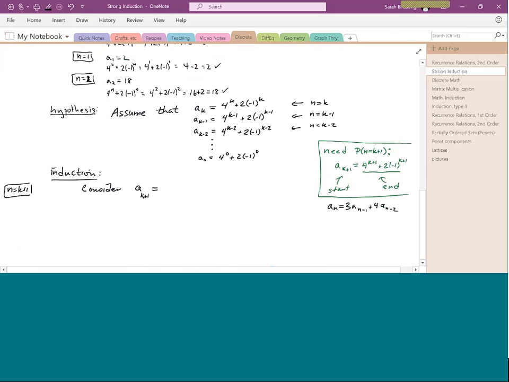Yeah, all right. So when n equals k plus 1, you guys tell me, what should I write after the 3? In other words, what's the subscript on this term after the 3? What do you guys think? If n equals k plus 1, what would n minus 1 equal?